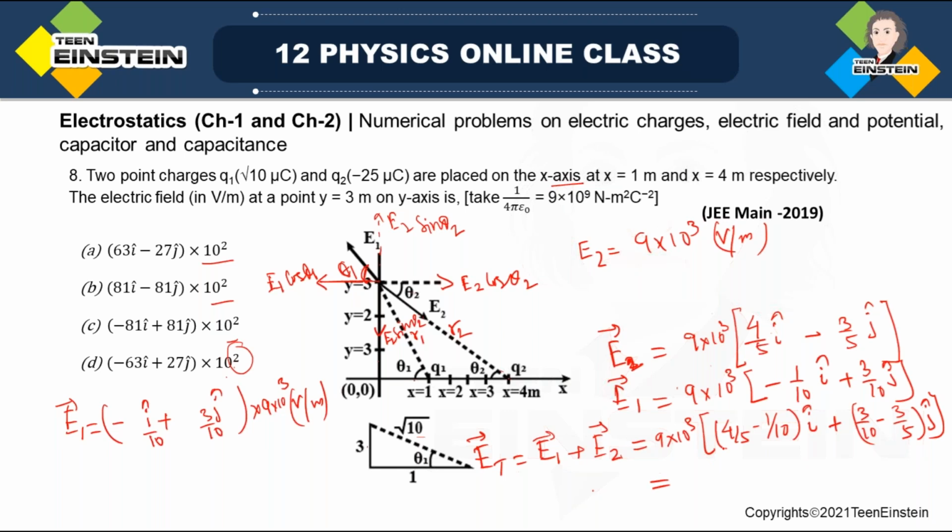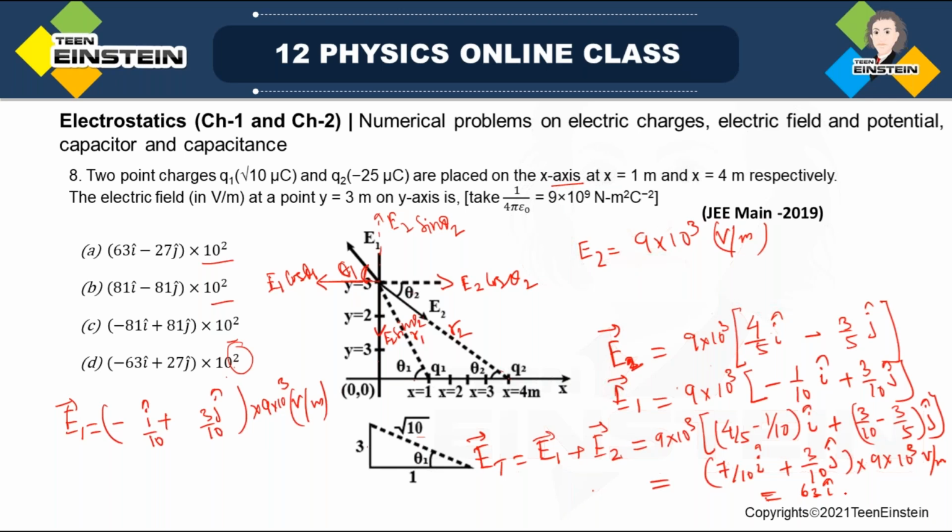If you do that, you'll see this is 8 minus 1, so 7 by 10 i cap, and this would give you plus 3 by 10 j cap, along with that 9 into 10 to the power 3 volt per meter. Okay, so this 10 I can just resolve here, and this 9 if I multiply inside, what we will get finally is 63 i cap.